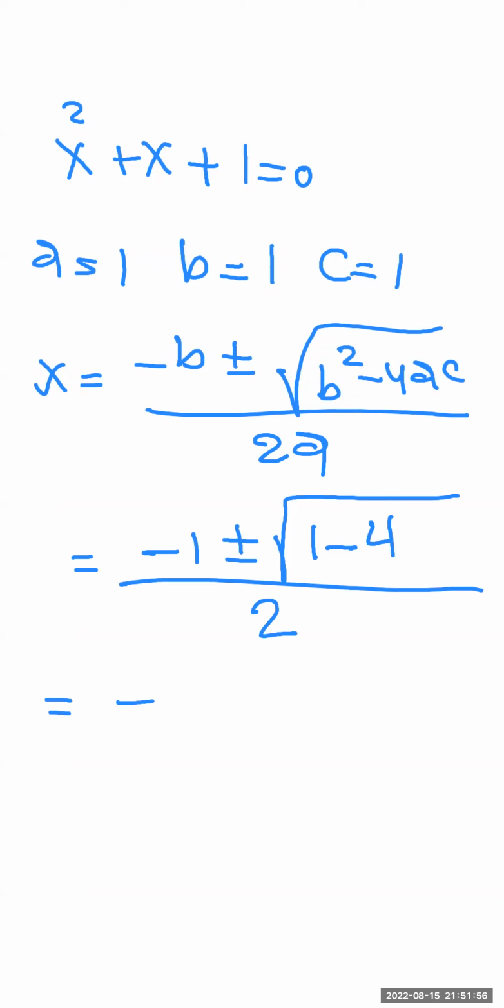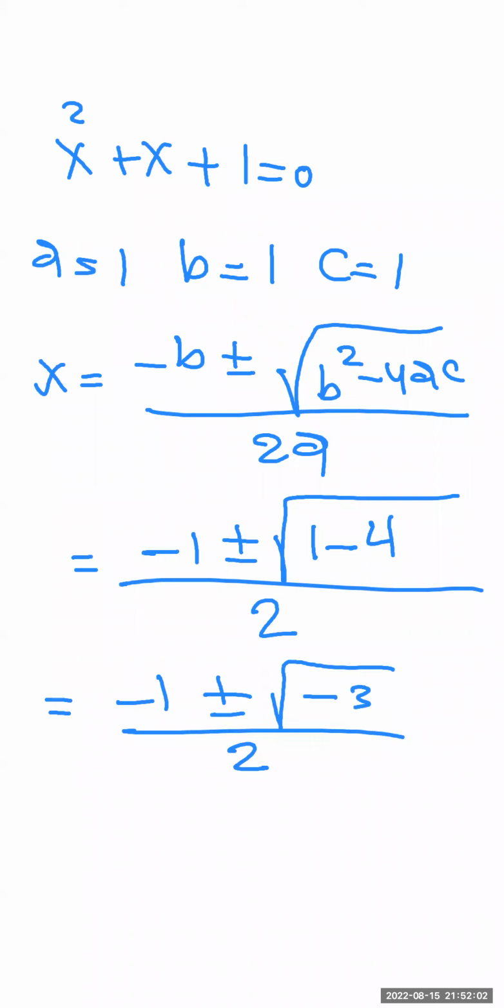So negative 1 plus or minus square root of negative 3 over 2. So this means the square root of 3 times i over 2. Correct, guys?